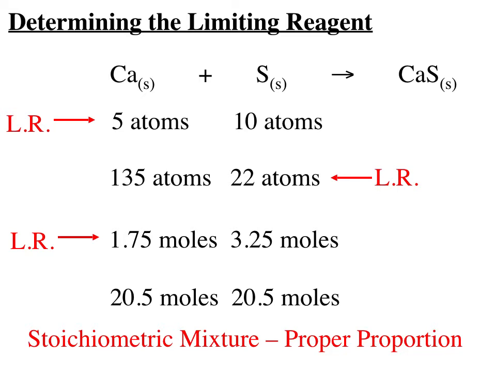So if I were to react 1.75 moles of calcium with 3.25 moles of sulfur, after 1.75 moles of the calcium are consumed, there's no more calcium to react, so the reaction ceases. And we can also do a little bit of quick figuring in here.